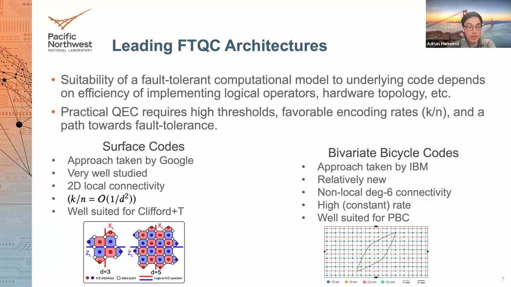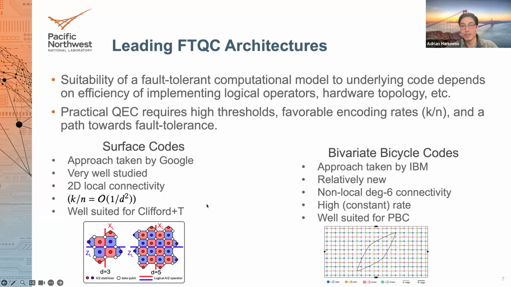So, for example, with surface codes, we know that they're desirable from a hardware engineer perspective. You only need 2D nearest neighbor connectivity. However, as a result of that, their encoding rate scales fairly poorly as 1 over distance squared. So that just basically disappears asymptotically.